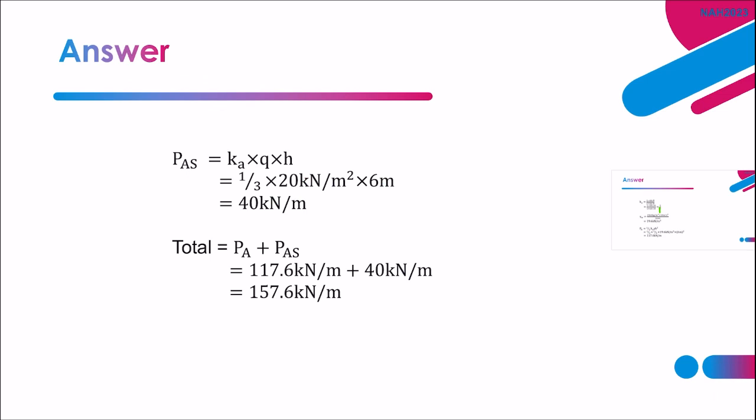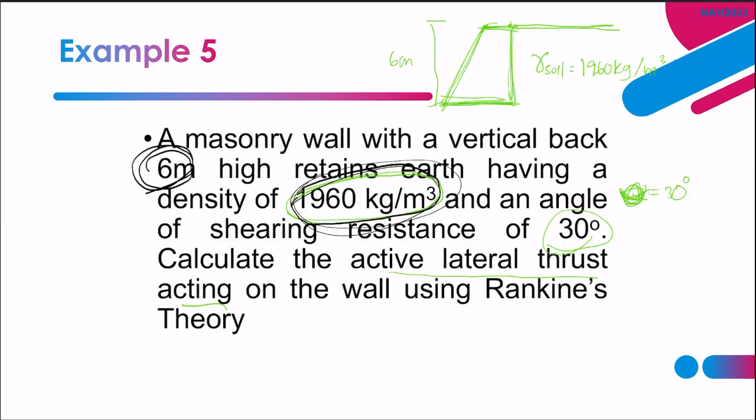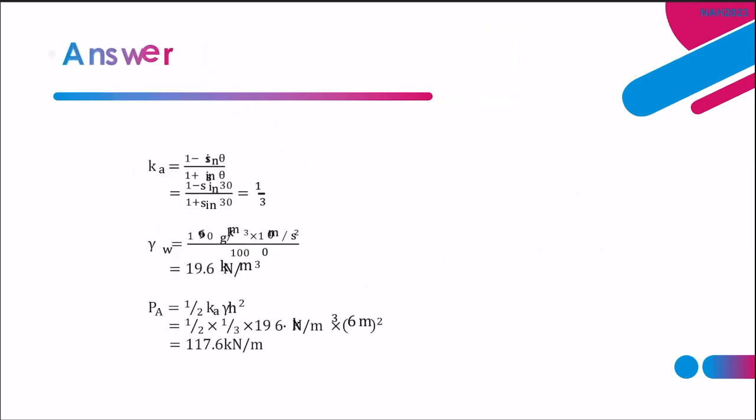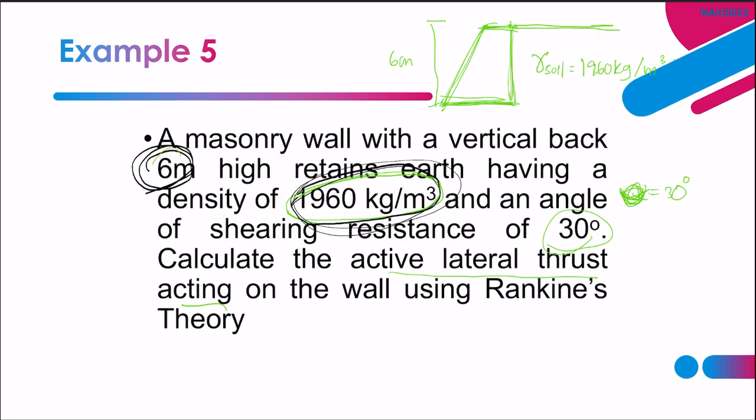First, kita akan kira surcharge dulu, okay, which is PAS, KAQH, that is our formula. And for KA, this is where we're going to refer to the example number 5. And also H, 1/3. And the value of H, 6 meter. Okay, so itu information yang kita nak.